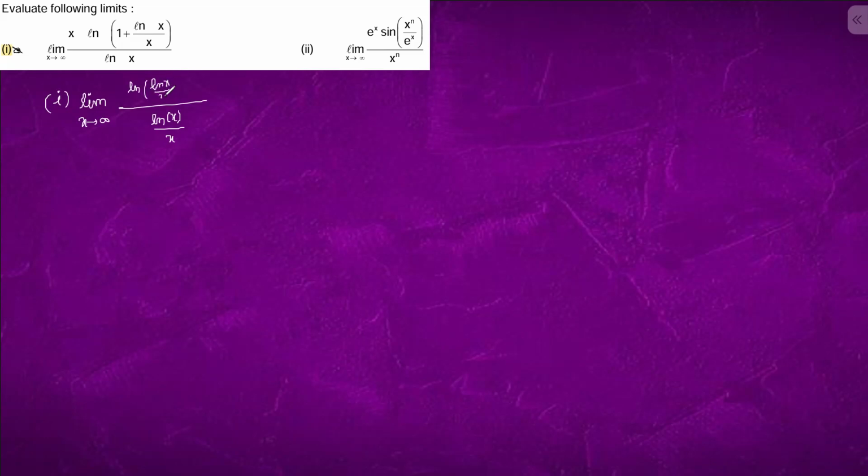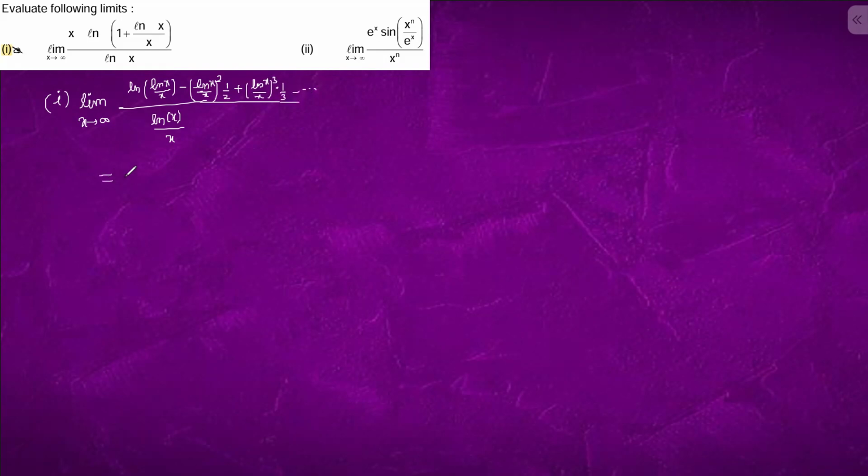It is ln x / x minus (ln x / x) whole square by 2 plus (ln x / x) whole cube by 3 minus dot dot dot.